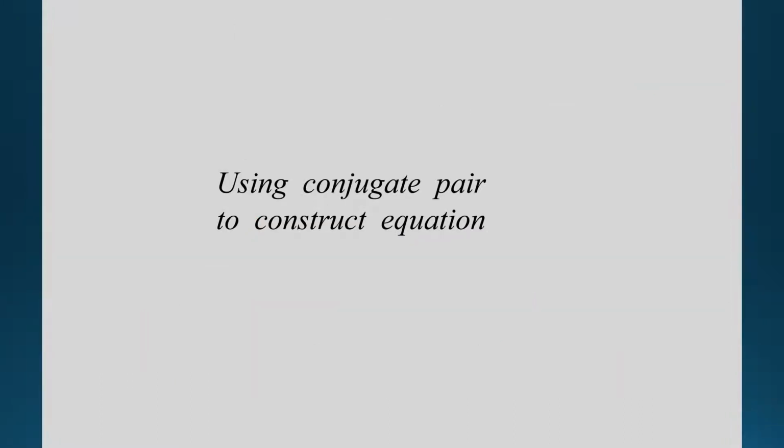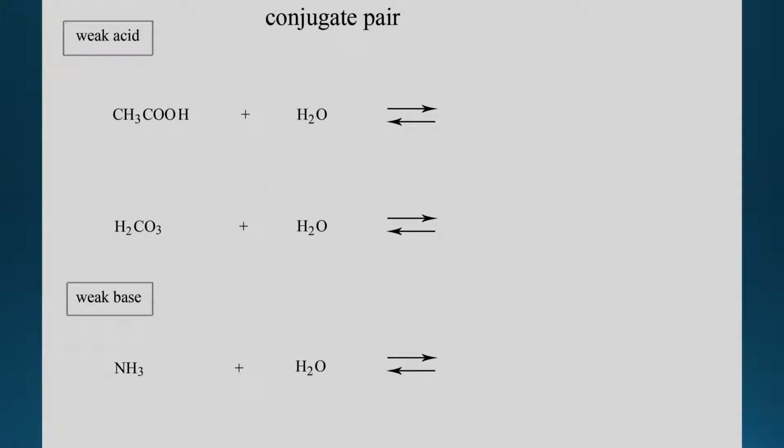This conjugate pair rule is not only limited to identifying whether an equation is correct or wrong. Actually, you can use this rule to construct a whole equation yourself. Now let's try a few weak acids and weak bases.